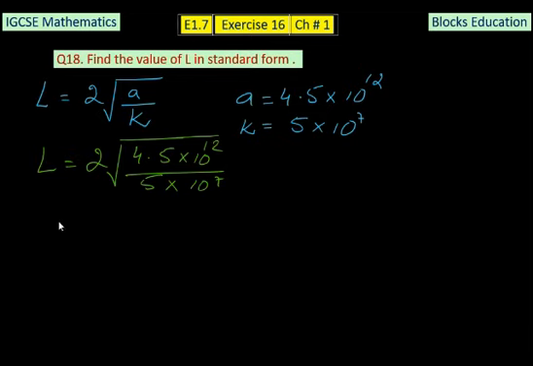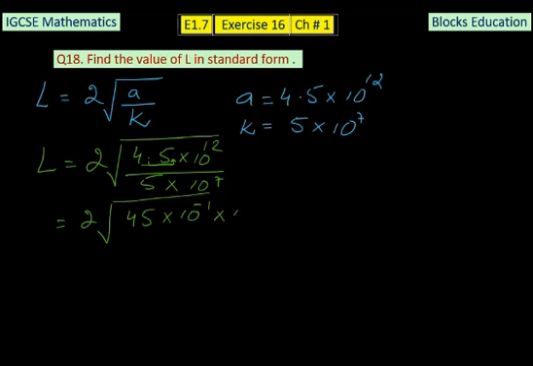So the best way to solve this type of question is this. What you can do is write 4.5 as 45 into 10 raised to power minus 1, because look, you have moved this decimal one place to the right, so the decimal is gone, so you can write 45 and 10 raised to power minus 1.